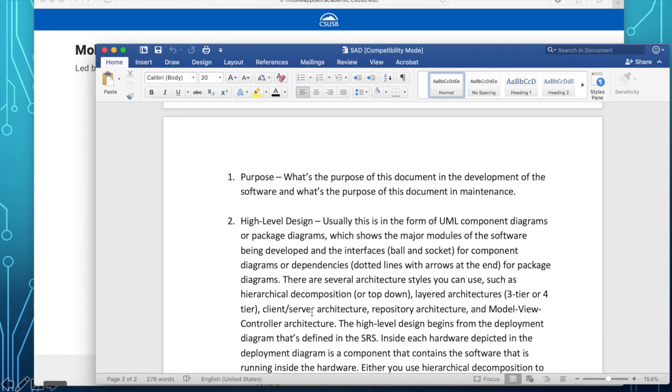The purpose of the document is, of course, determining the structure and outline of your software, but it is very important in maintenance. As I have said before, it is easier to understand UML diagrams than to read thousands and thousands of lines of code.